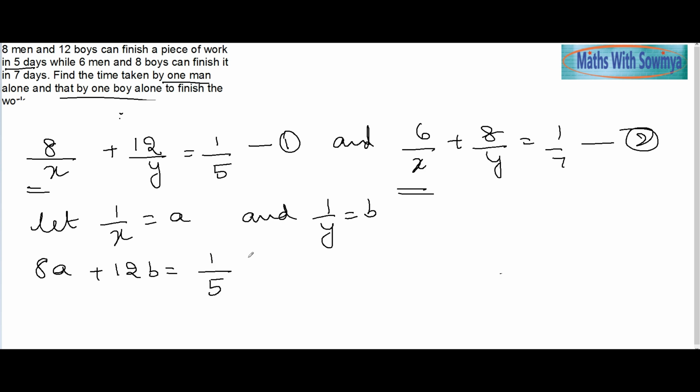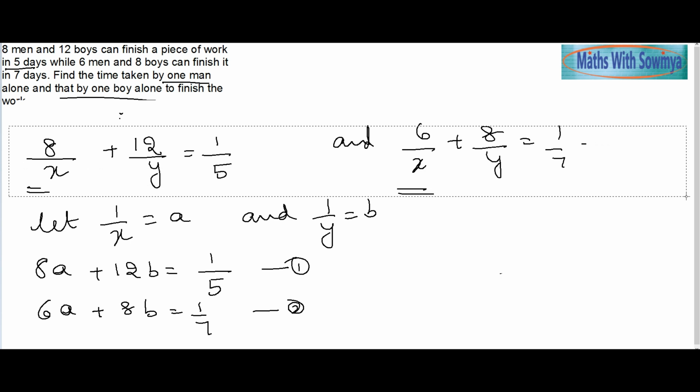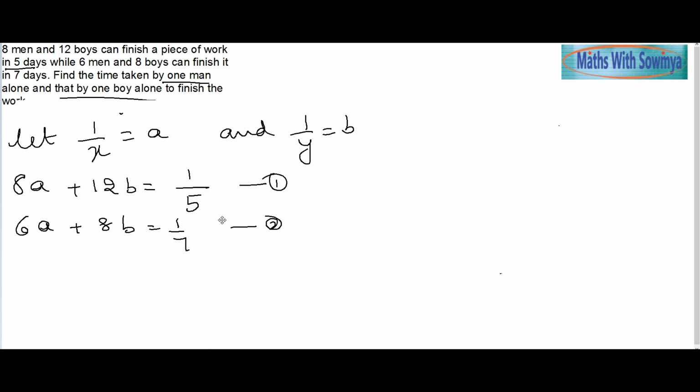Please put this as 1 by 5, because many people will put this as 5; I am only substituting 1 by x and 1 by y, not the rest. This becomes my first equation, and the second follows similarly. You can give other names if you want, and then finally number them 1 and 2. We continue further with this.